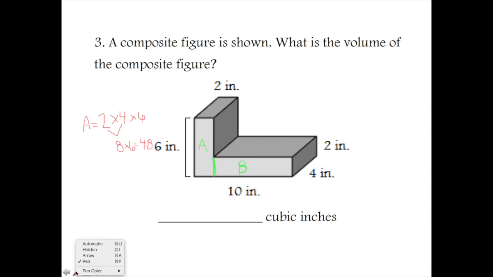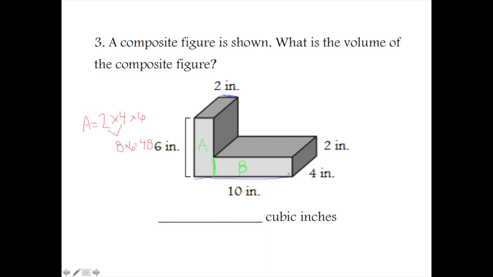All right, now I'm going to figure out my length, width, and height for box B. So for box B, I do not know my length because I ended up cutting it, but I do know the total length of the whole shape is 10 inches, and the top part is 2.